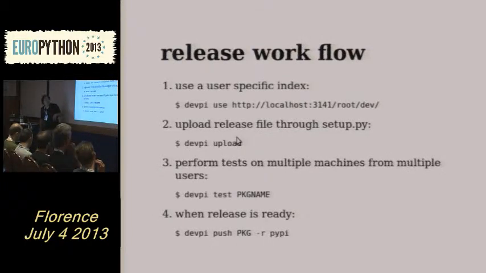Okay. So the release workflow, how does it work? I basically say, okay, I use this index, then I upload a release file from my project where I have a setup.py, and I can do this from multiple machines which are connected to this index. I can just say devpi test package name, where this is the name from the upload.